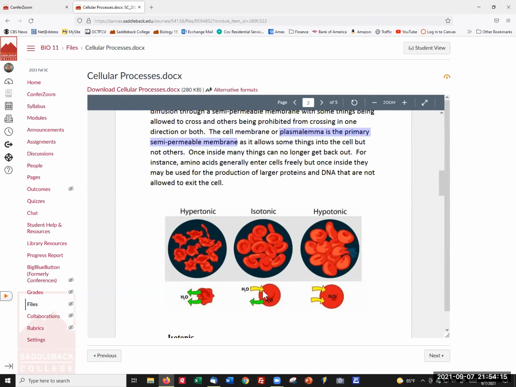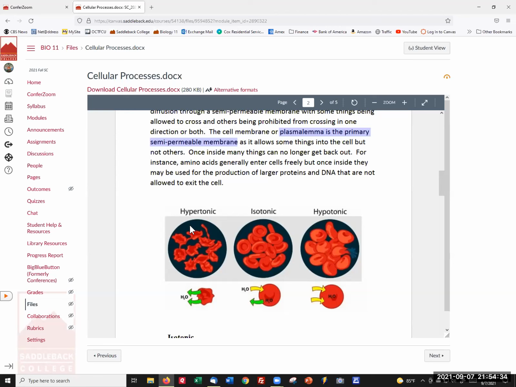The movement of water in this case is equal to the movement of water out. And the red blood cell stays properly inflated.